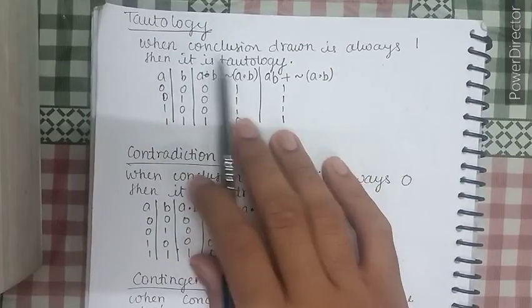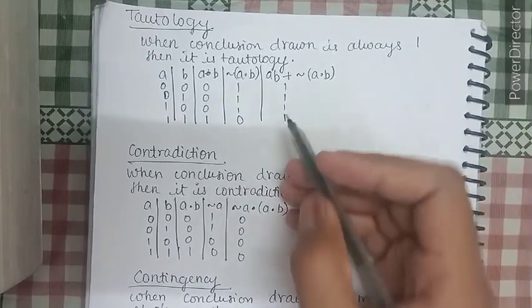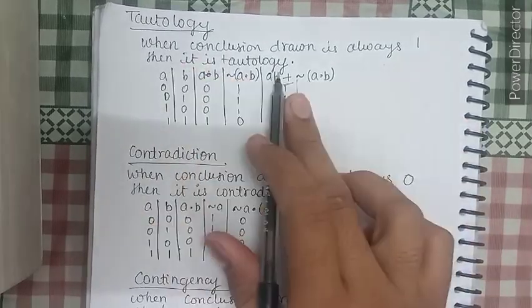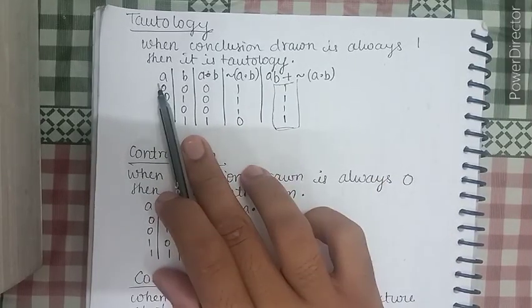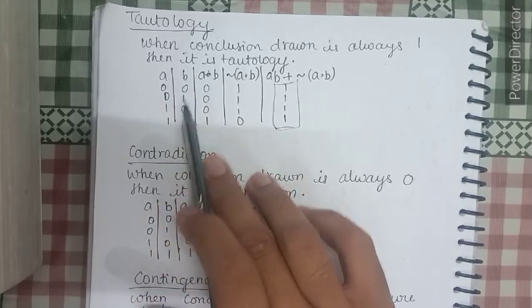Now coming to tautology. When the conclusion drawn is always 1, when we get the result as 1 only, then it is a tautology. For example, take A and B: A is 0 0 1 1 and B is 0 1 0 1.